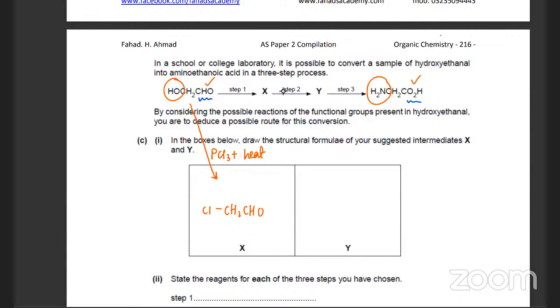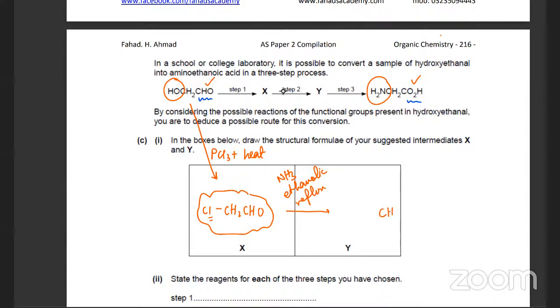Now the next part is I'm going to replace the Cl with ammonia. So that would be ammonia, ethanolic, and reflux, or ammonia gas in a sealed tube at high pressures. I'm going to heat it.